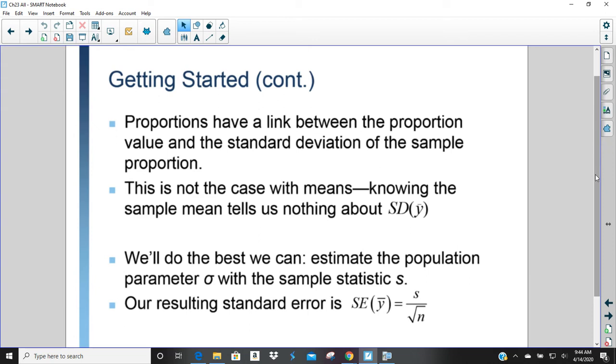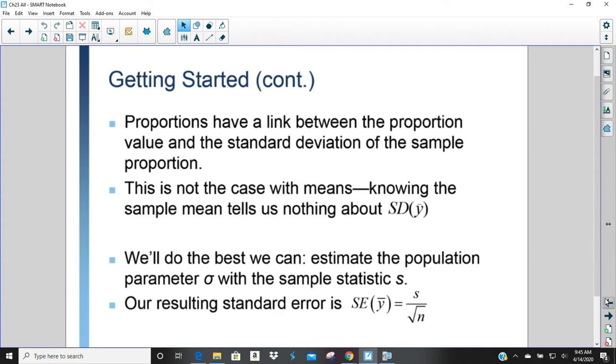So instead, we use the standard deviation over the square root of n, or most of the time, there is no population standard deviation because we just did a sample. So we have to use the standard error, which is small s divided by the square root of n.